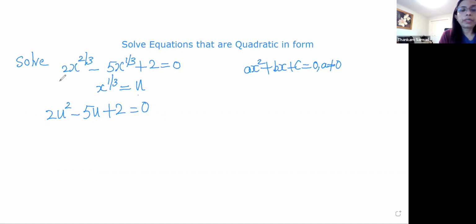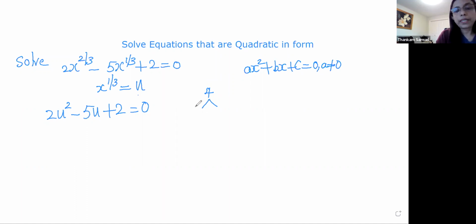So let's use the AC method or the grouping method to factorize this trinomial. To use this method, take the product of a and c, that is 2 times 2, that is 4. Find two numbers whose product is 4, and the sum is the coefficient of u, that is -5.